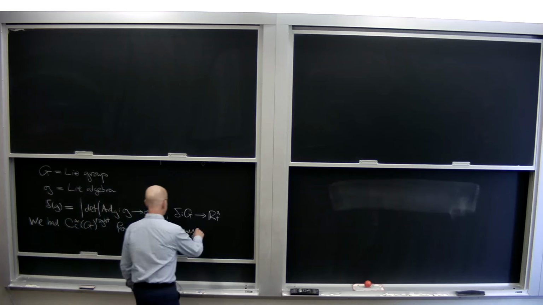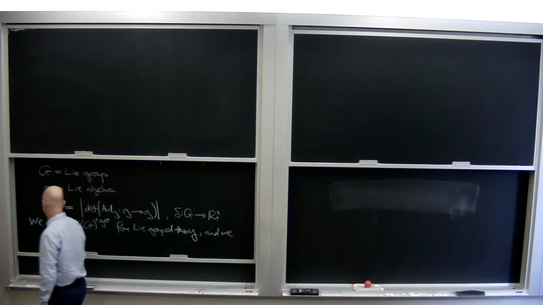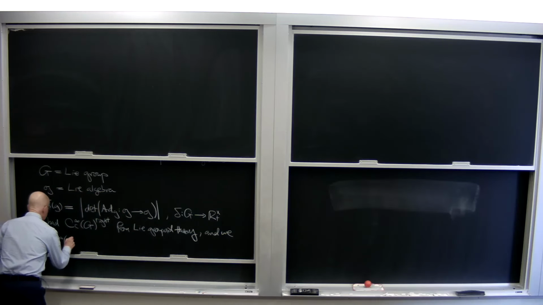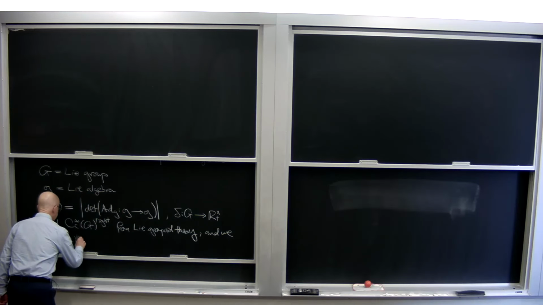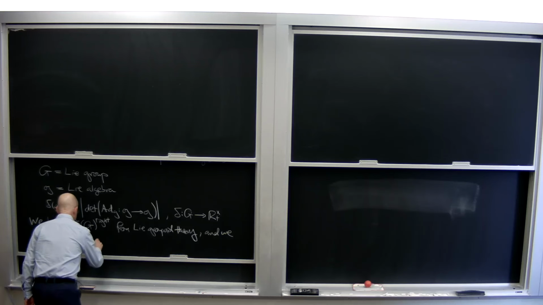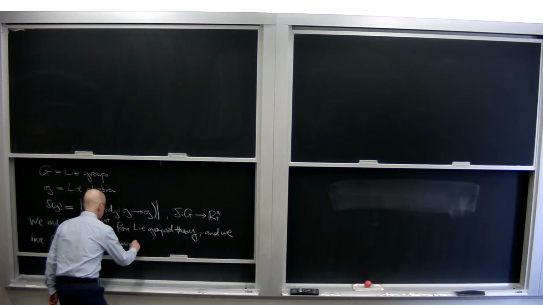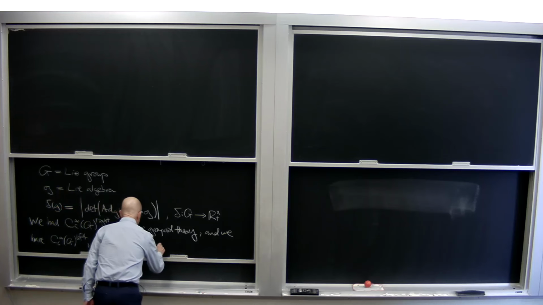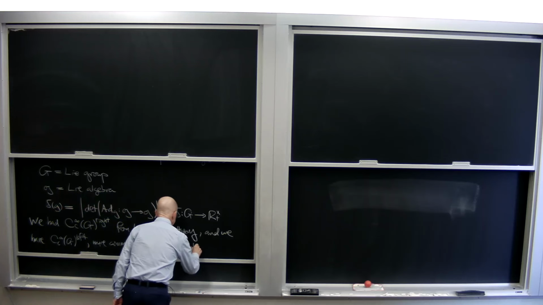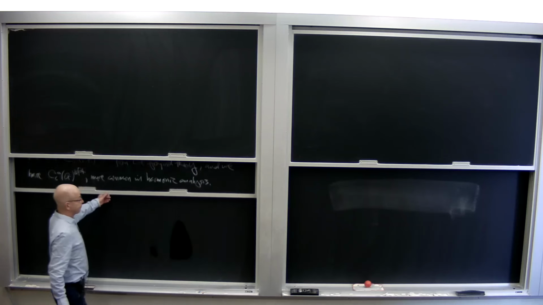And we have a version of this, a sort of left-handed version, which is more common in realms where people study representations, Fourier transforms, and so on. It's called harmonic analysis.